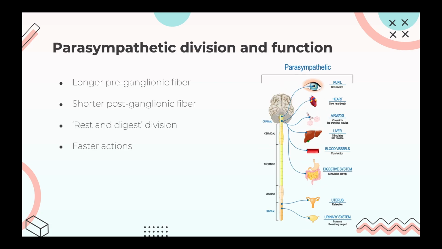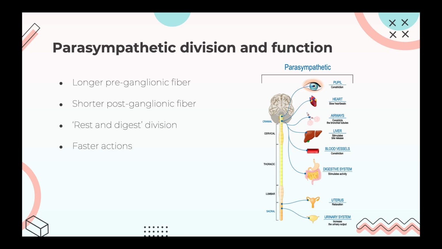So over here we have the parasympathetic division. The parasympathetic division, as I mentioned, is the rest and digest division because activation of this system slows down the heart rate. It constricts the bronchi, which means that although you can of course still breathe, they do not have to be very much expanded. So you will be breathing at rest.